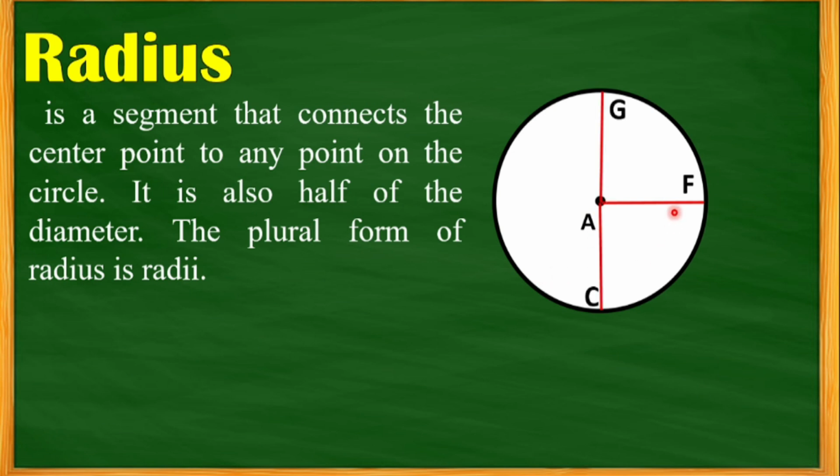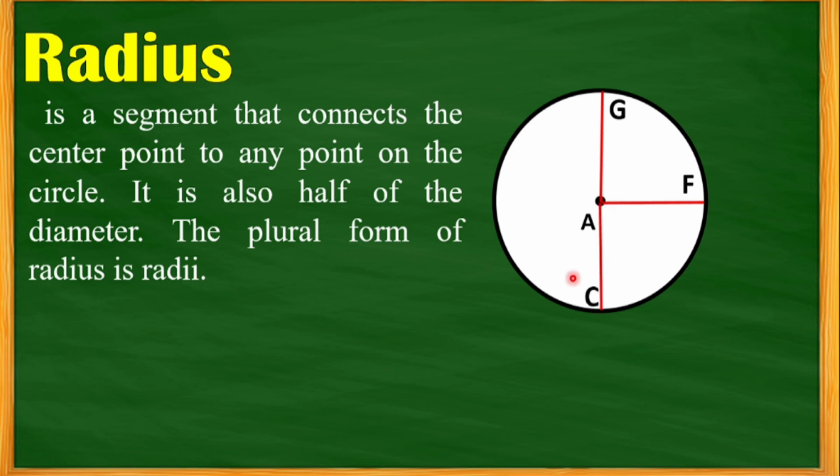So these three line segments are radii. It is also half of the diameter, and the plural form of radius is radii.